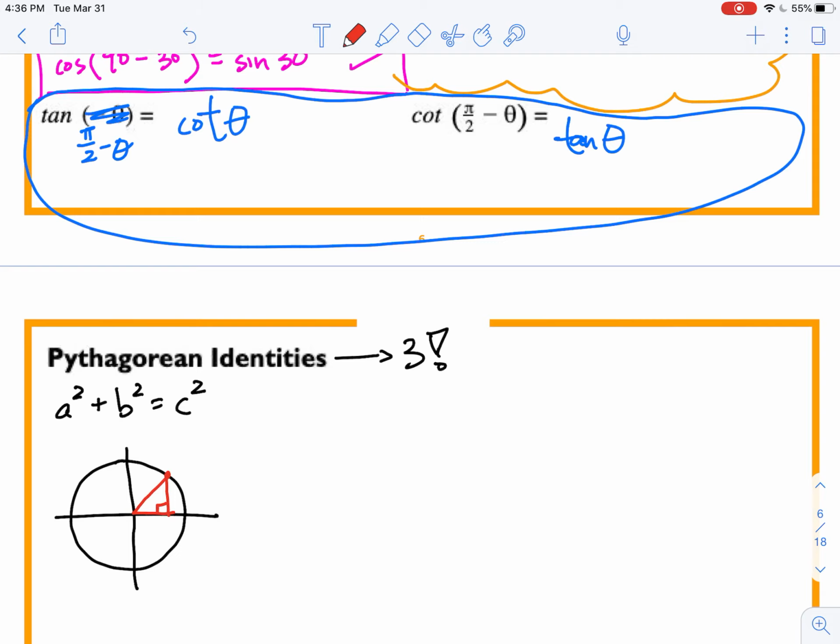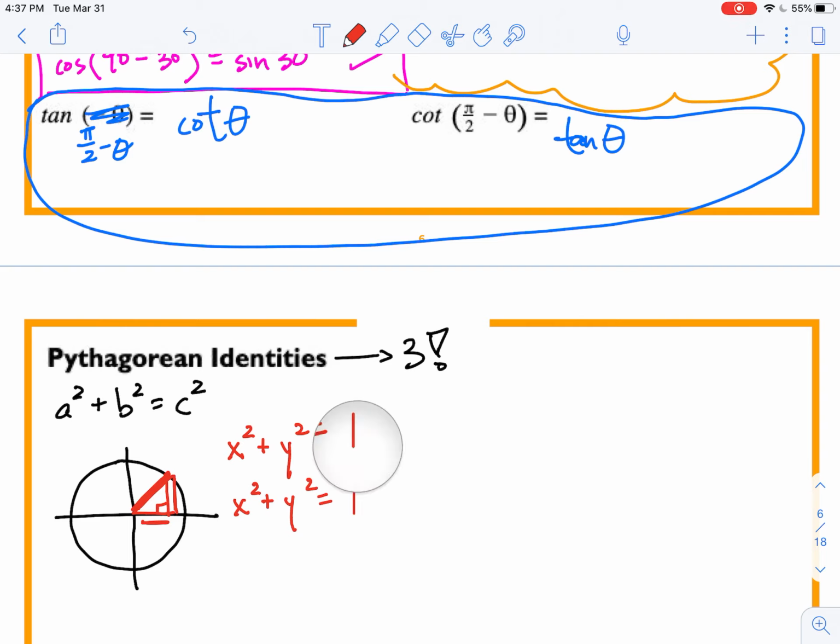And that if we wanted to use the Pythagorean identity on this right triangle, we could say that x, which is this part, squared plus y squared equals, now the radius of a unit circle is always 1, so 1 squared. And in fact, we might just write that x squared plus y squared equals 1.